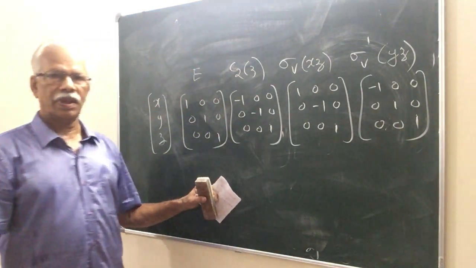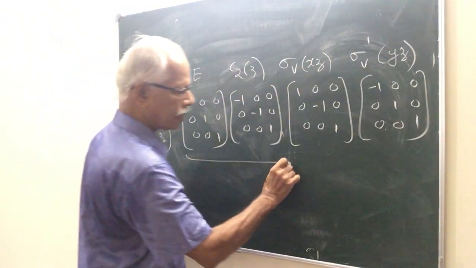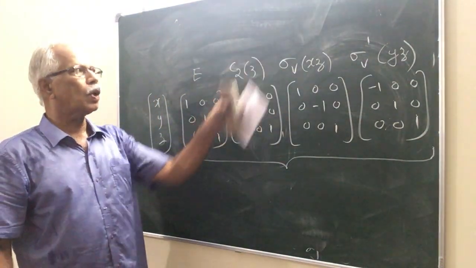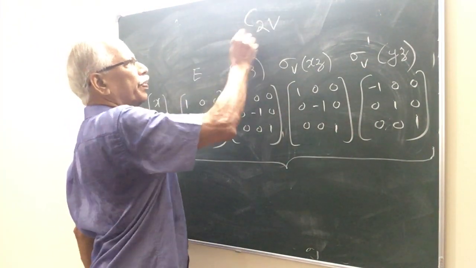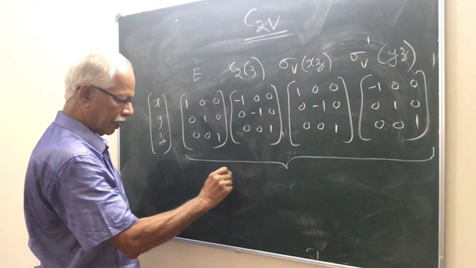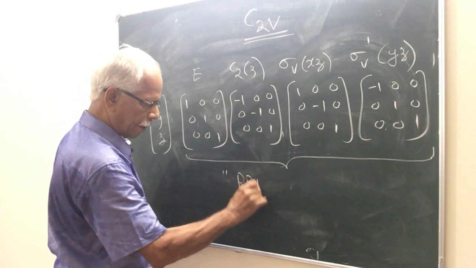These are the matrices. This set of matrices so generated for a particular group C2V is called a representation of the group.